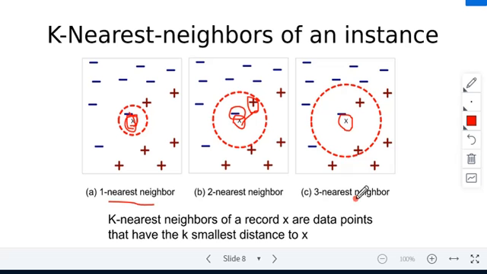When we take odd numbers, it is always an advantage. Here one negative example is there, two positive examples are there. So which is having the majority? Positive example, yes or no? Then we can clearly tell that this test data belongs to a positive class label.